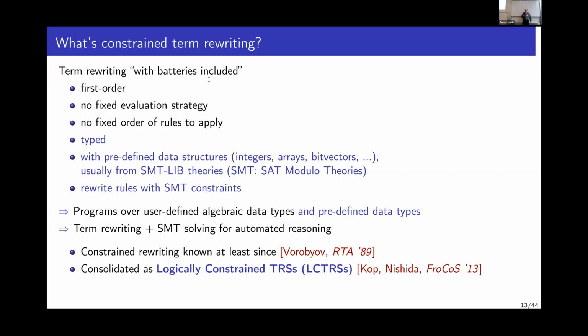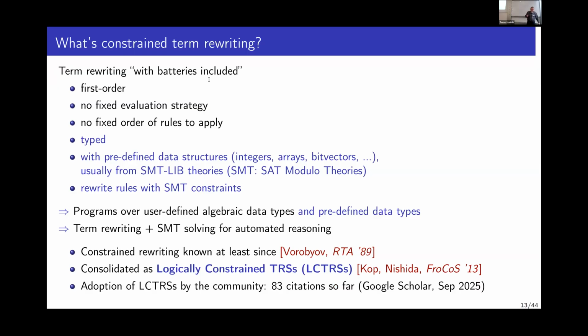Proposed by Cynthia Kopp and Naoki Nishida at FroCoS, of course. And this approach has been adopted pretty widely in the community. Last night, I asked Google Scholar how many citations there have been. So far, it's 83 and continuously going up.